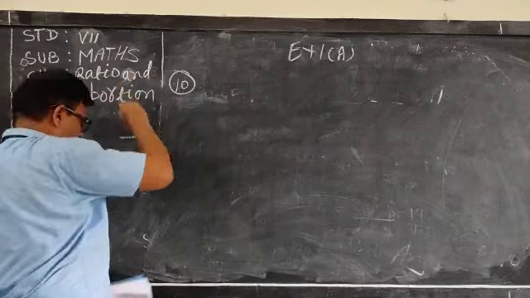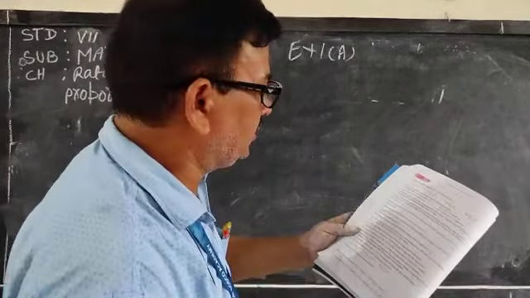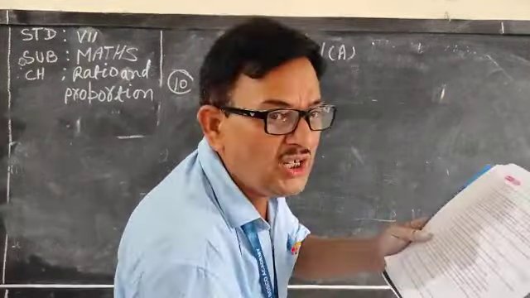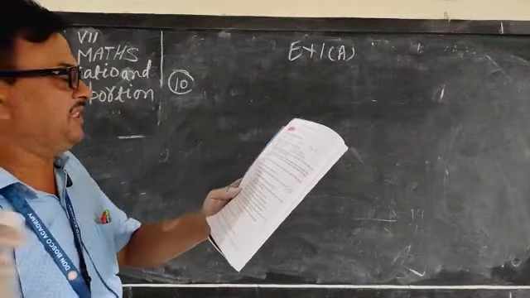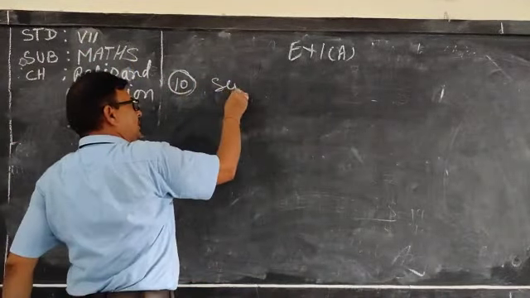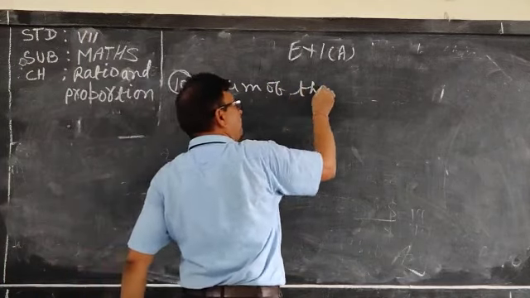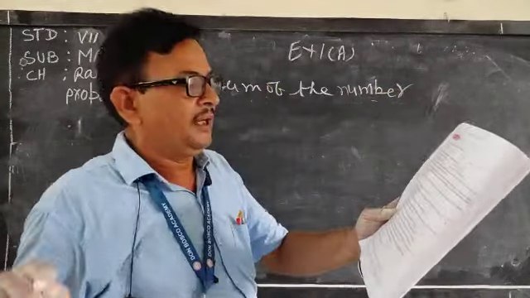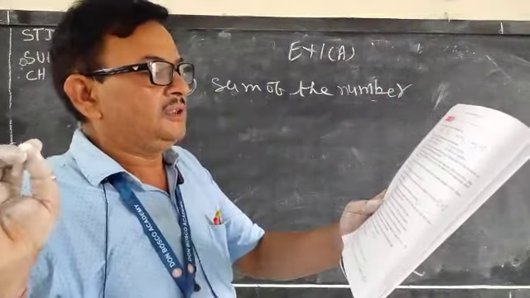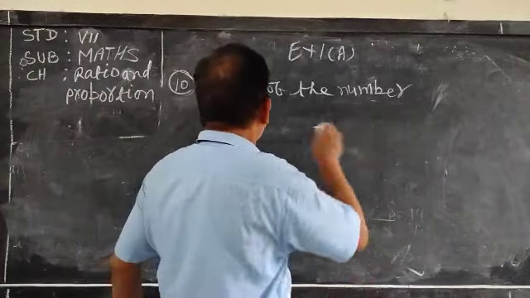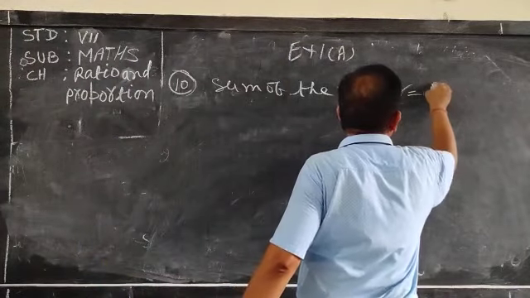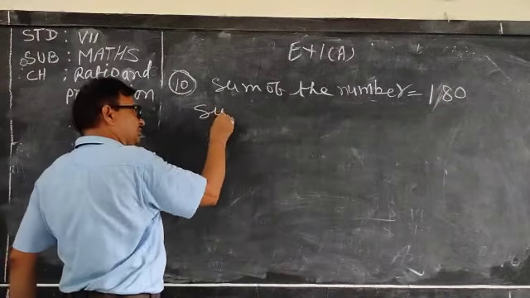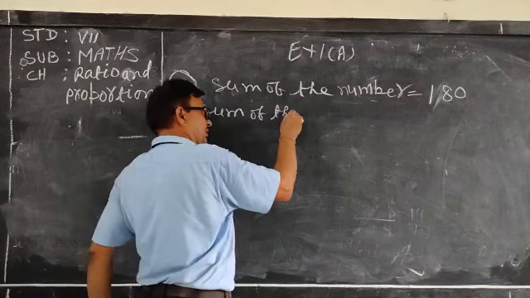Two numbers are in the ratio 4:5, and their sum is 180. First write the sum of the numbers, equal to 180. And the sum of the ratio.